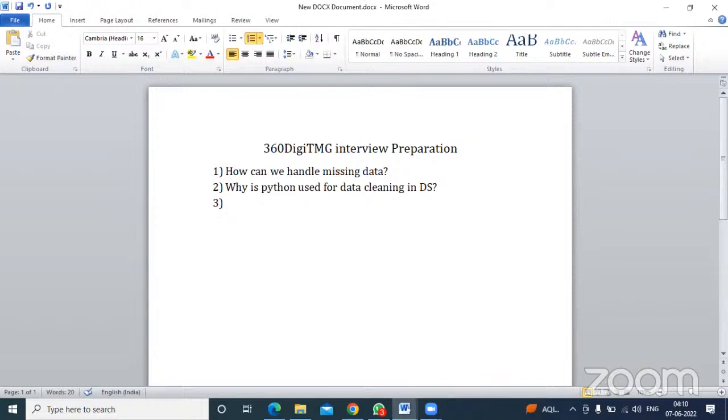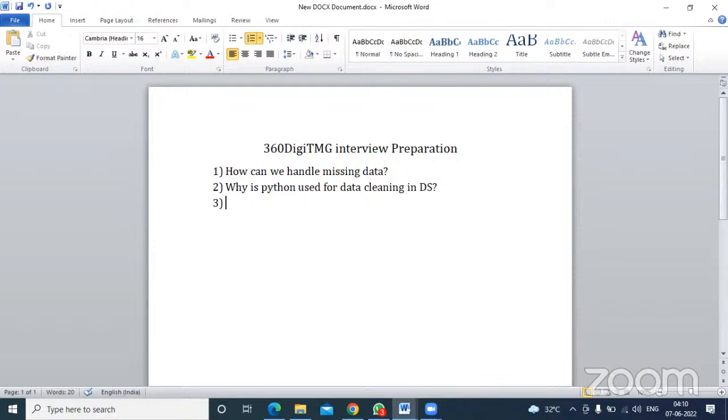These are for visualization, and numpy and scipy are for numerical work. Many more libraries are provided by Python, so Python is a good start for coding and for data science.